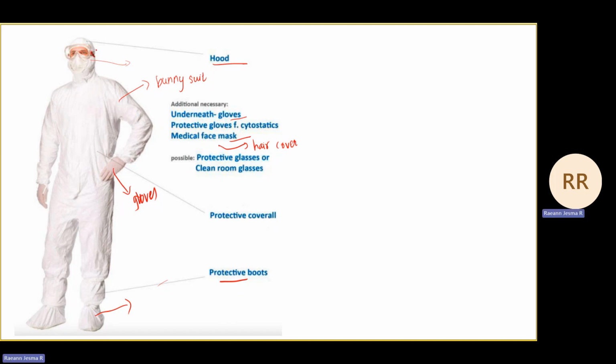And it is not just for reducing the amount of particles shed by a person. When a person is in a clean room, he will work with chemicals and so on. So in order to protect the person from accidental exposure to harmful chemicals, he will also wear a mask as well as protective glasses and gloves.